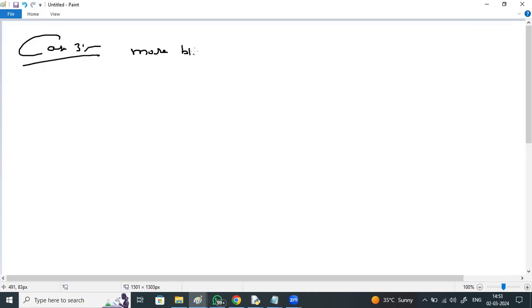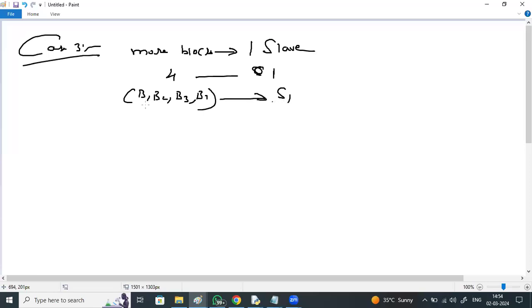More blocks, but only one slave. More blocks means assume you got 4 blocks: B1, B2, B3, B4.